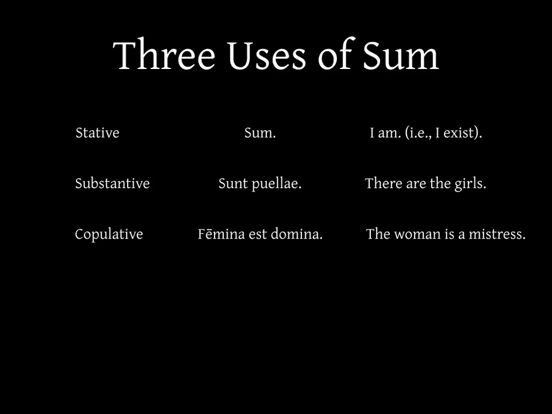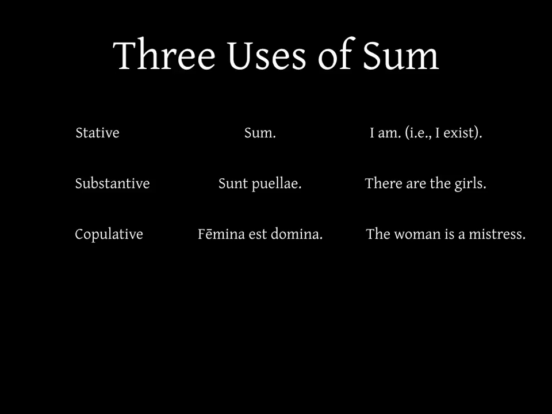The second usage of sum is as a substantive verb. So, sunt puellae. Sunt puellae means there are the girls. In English, we express this idea of substantiveness by using there is or there are, or it is, or even they are.